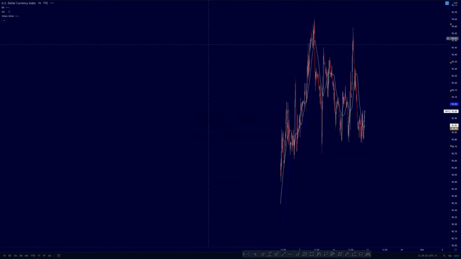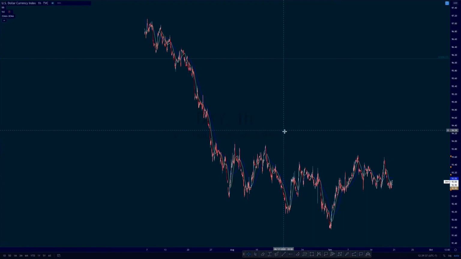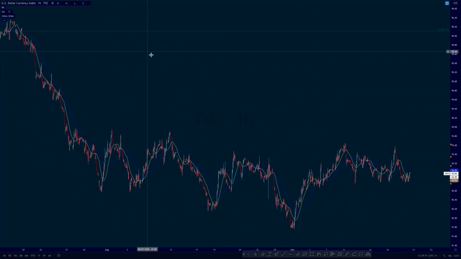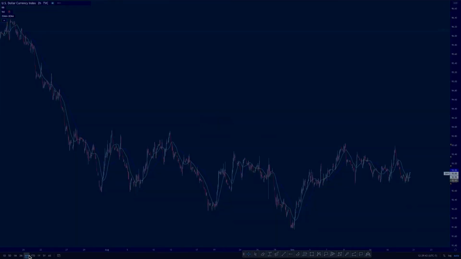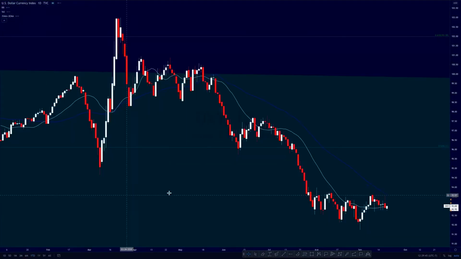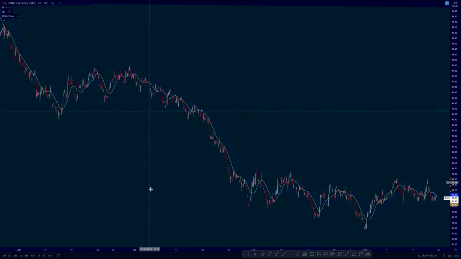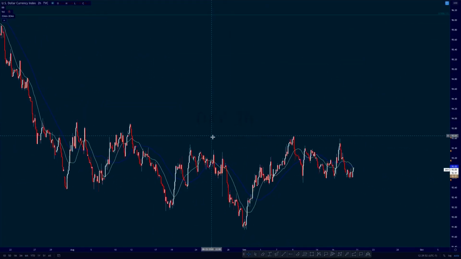Let's look at the dollar, because dollar confluence is needed. As you can see, you have basically an inverse head and shoulders forming. It's not an inverse head and shoulders until it breaks the neckline, and this looks like a slanted neckline. All right, boom, perfect.